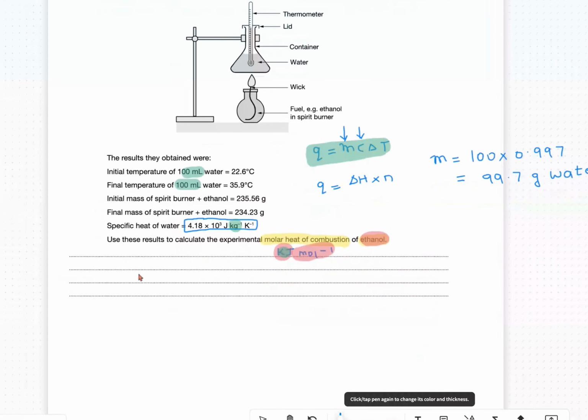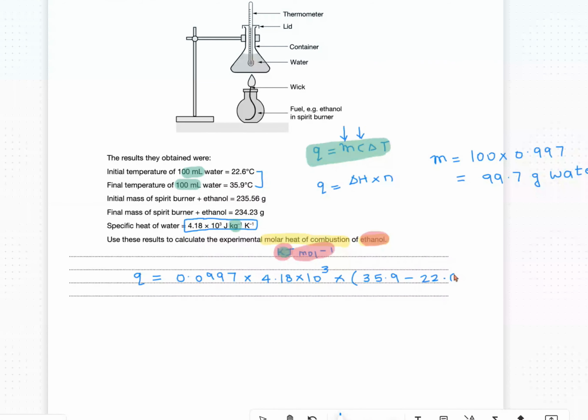So we need to find Q, which is mc delta T, which is 0.0997 kilogram times 4.18 times 10 to the power 3, the C value, times delta T, the change in temperature of water. So that will be 35.9 minus 22.6.